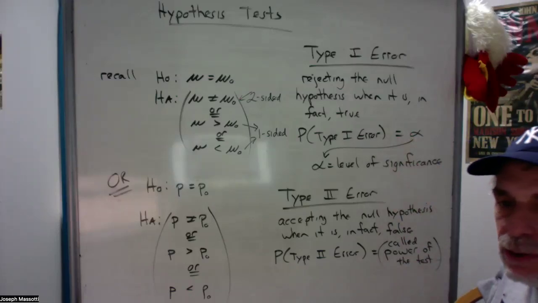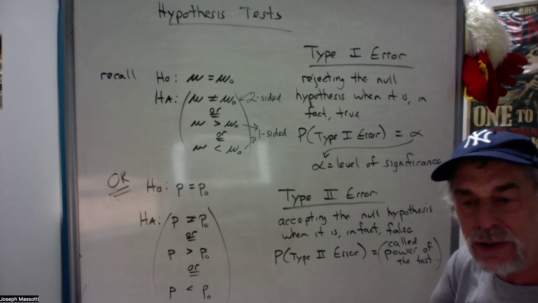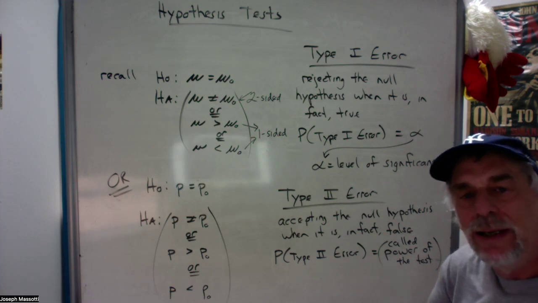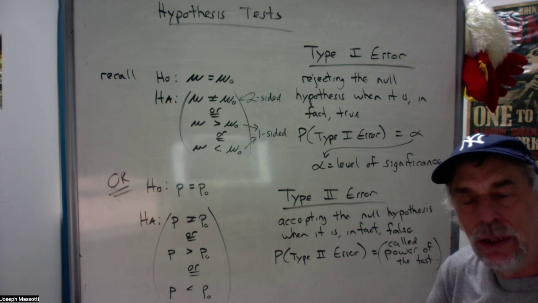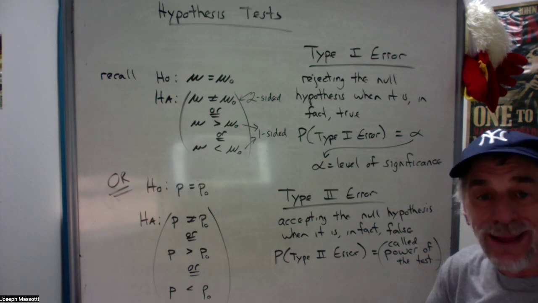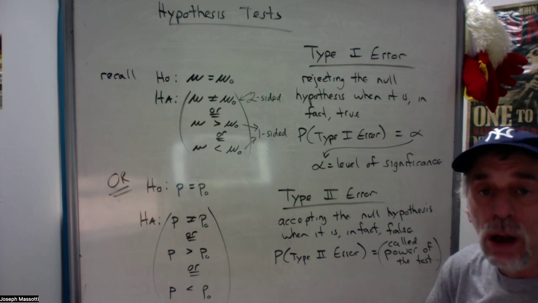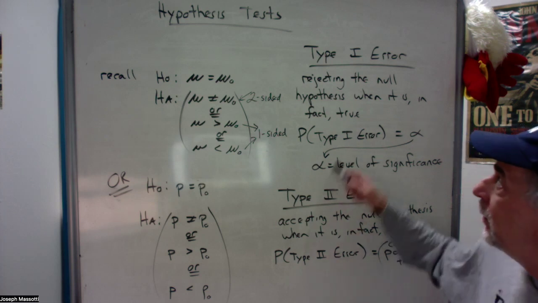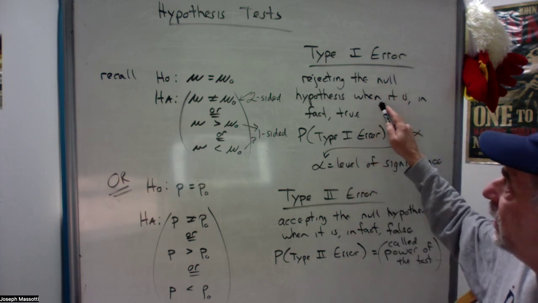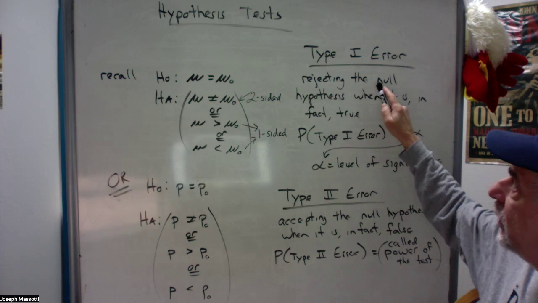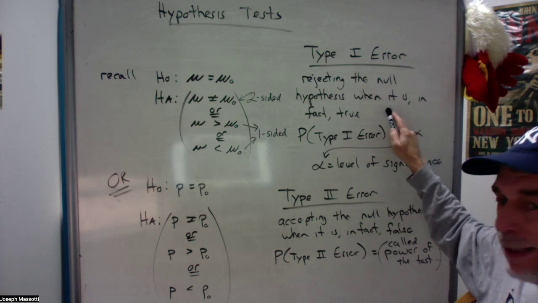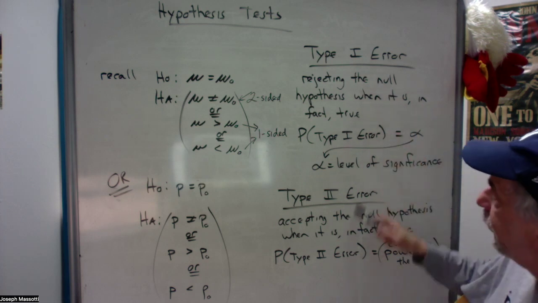I mean, we're going to make errors. There's a certain statistical probability that our conclusion on our hypothesis test is going to be wrong. Right? We have to accept this. And the type 1 error is the error of rejecting the null hypothesis when it is in fact true.